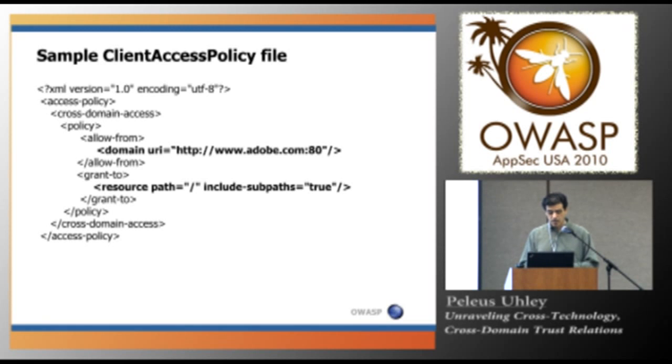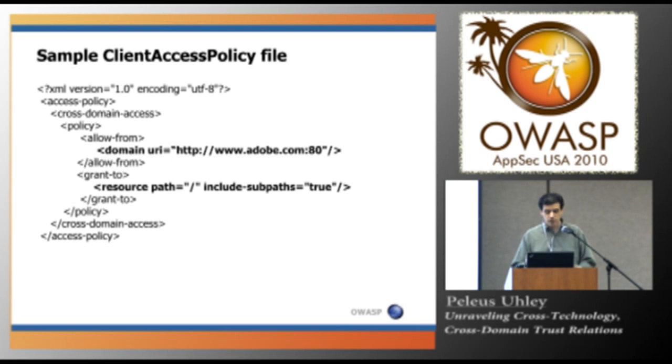So here, the resource path I'm making available is / and I do include subpaths within that. So fundamentally, it's very similar, but just the semantics of the XML policy file is slightly different.